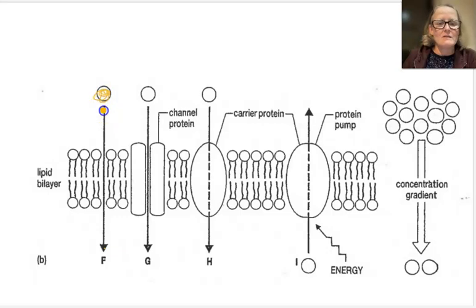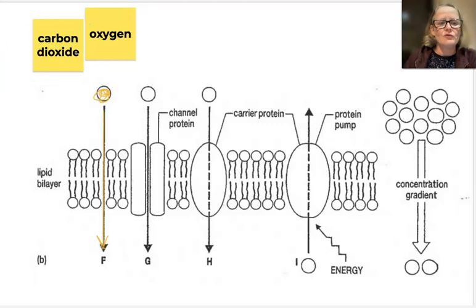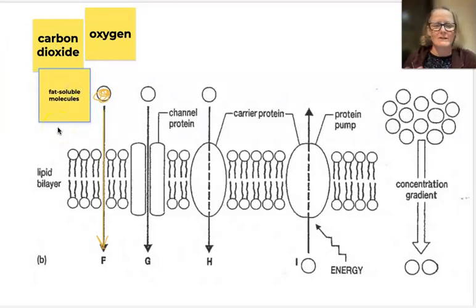These are very small molecules that can move straight through the phospholipid bilayer without any assistance. So they have to be small and they have to be non-charged. And this is true for things like oxygen, carbon dioxide, and also for fat-soluble molecules, so things like steroid creams. They can go straight through the hydrophobic region because they are so small and they have no charge.